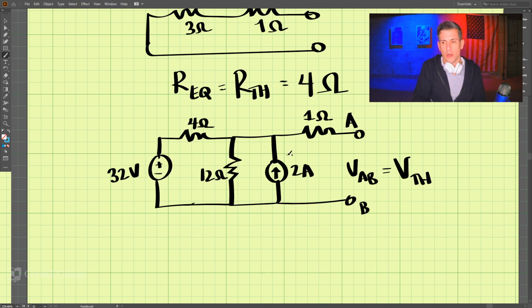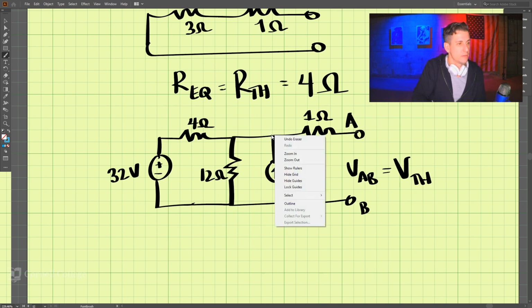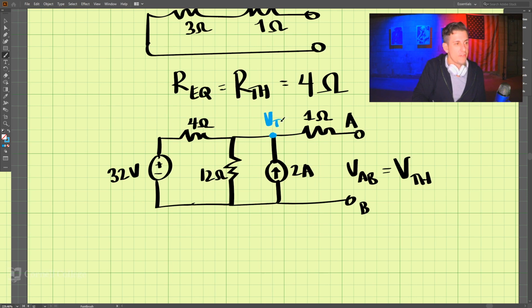So what we have is the voltage. Our Thevenin voltage here, if we say that this is ground, right? These are equal because there's no current flowing this way. So that is our Thevenin voltage here.